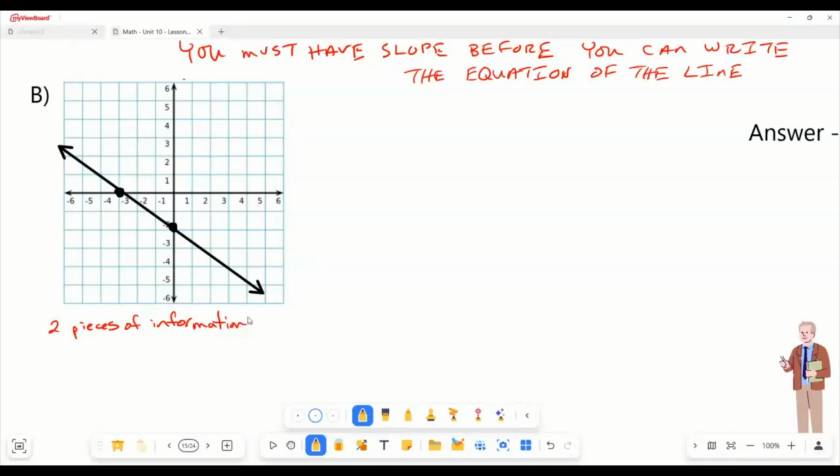Every graph will give us two pieces of information.